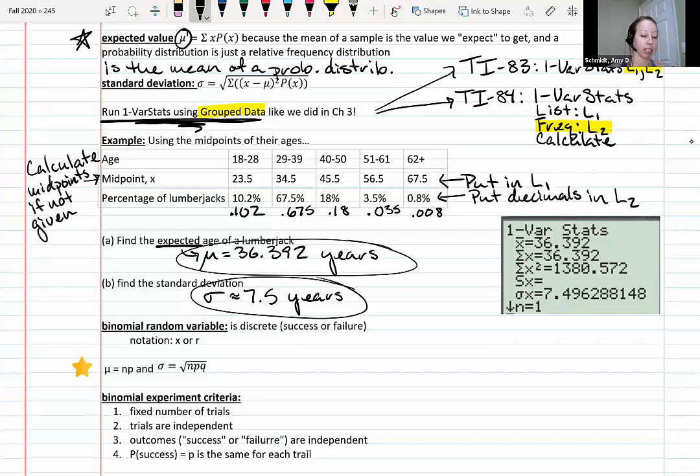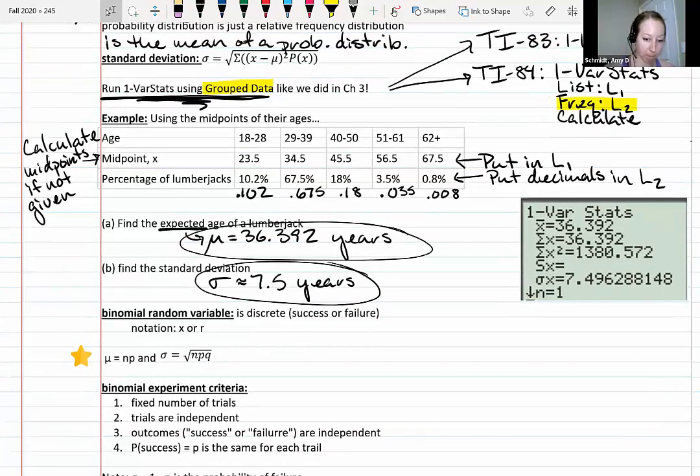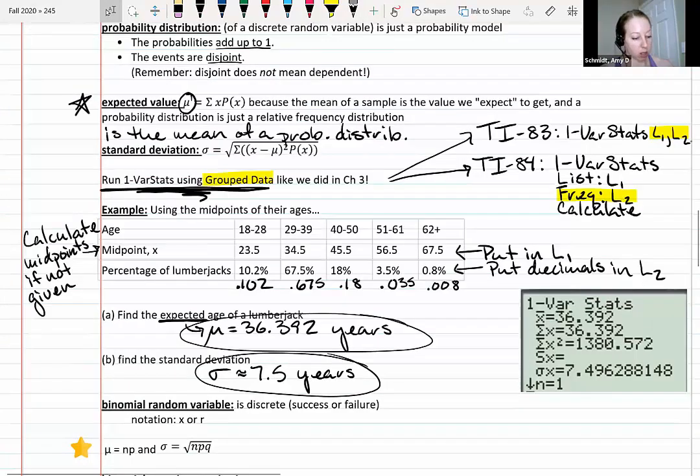So it's not surprising if a lumberjack is 36, but it's also not surprising if a lumberjack is 43. But we're primarily going to focus on the expected value. Standard deviation is something that we don't need extensively until chapter 7. What do you think? Are all the details of this example clear? We went through that one nice and slowly.